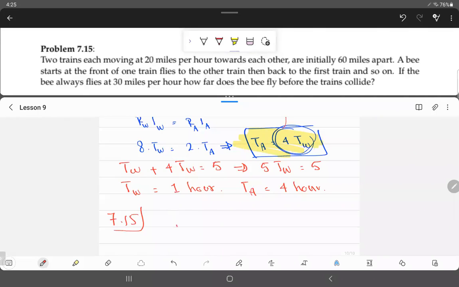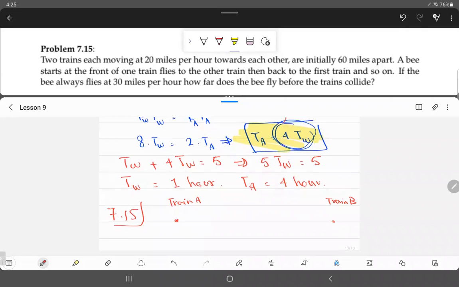So we have one train here, let's say this is train A, train B here. Okay, so they are moving at a rate.